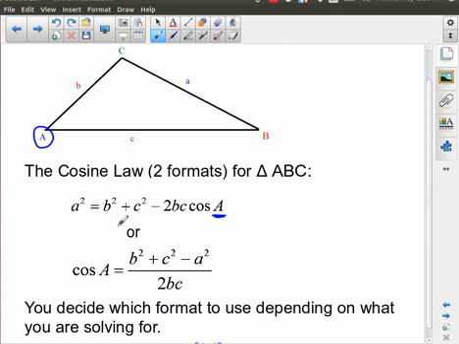So I use this form if I'm trying to find a side. And I would use this form, which is this same equation just rearranged, if I'm trying to find an angle.